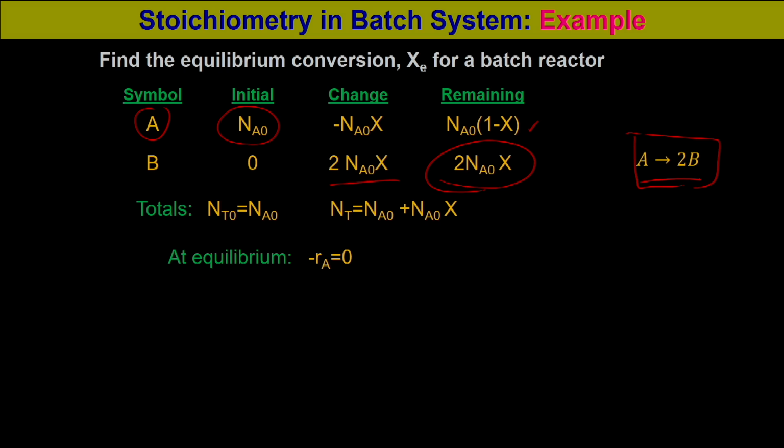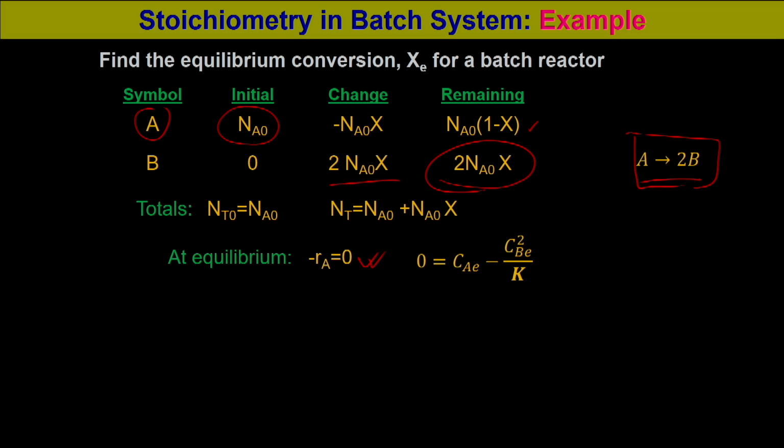At equilibrium, Ra should be 0, as you know. So, if we write from the rate equation, this would be 0, and at equilibrium we write the concentration as CAE, the equilibrium concentration, and for B it is CBE.